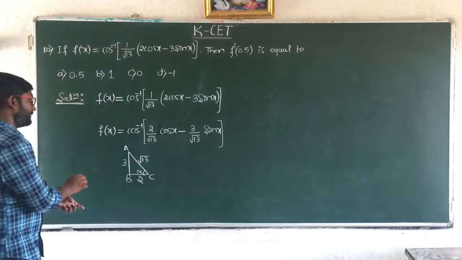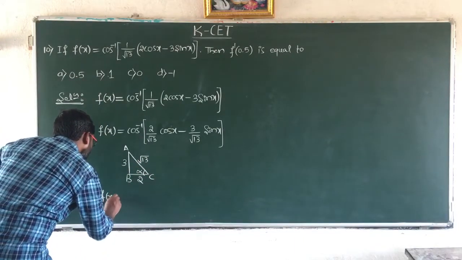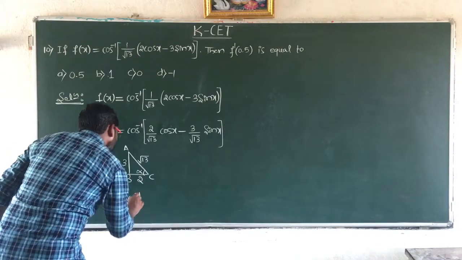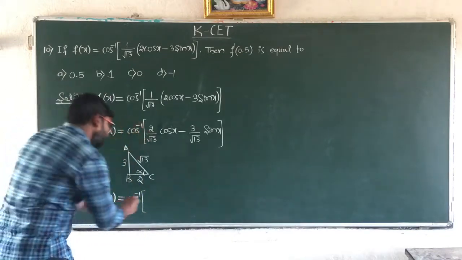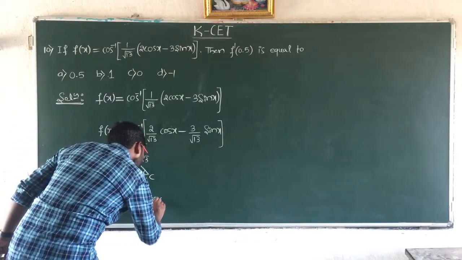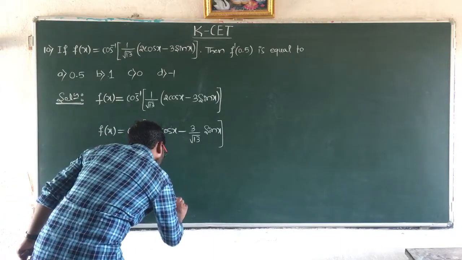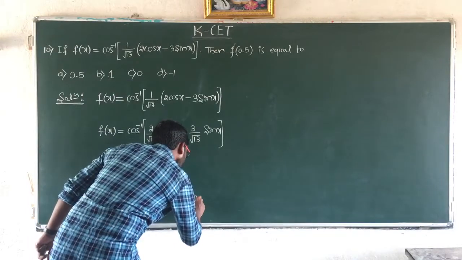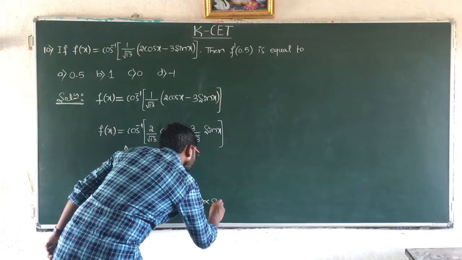So now f of x is equal to cos inverse, and I have considered this as cos alpha, so cos alpha into cos x minus, I consider this as sin alpha, sin alpha into sin x.